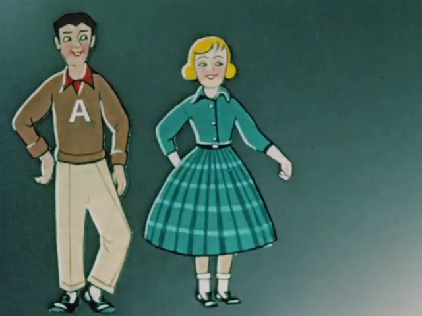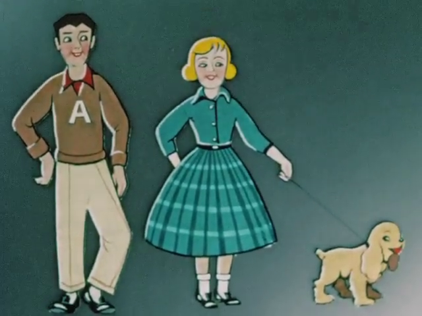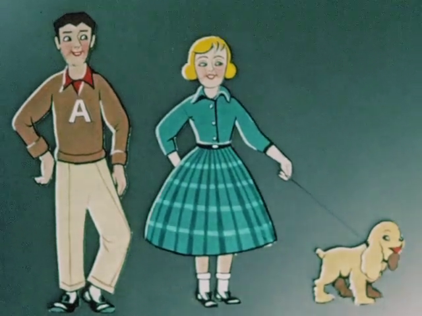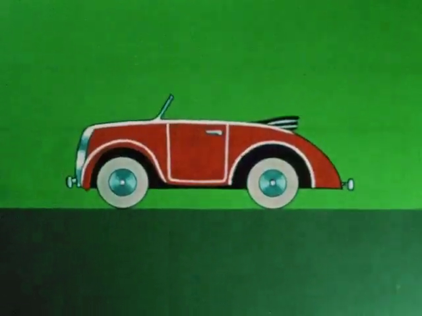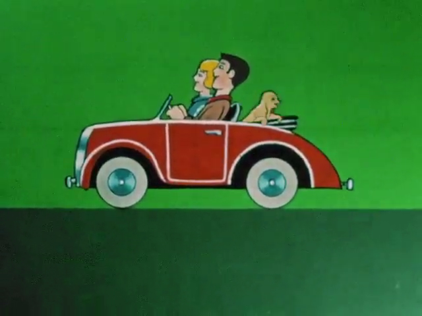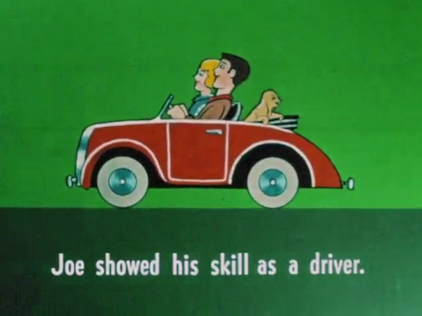Now let's meet Joe and Nancy's dog, Princess. And now let's look for complete subjects and predicates in sentences. Let's try a sentence. Joe showed his skill as a driver.